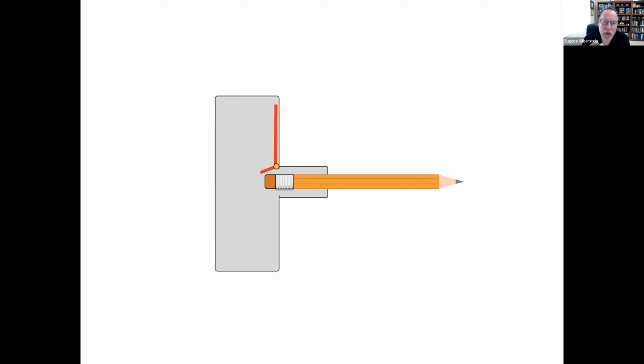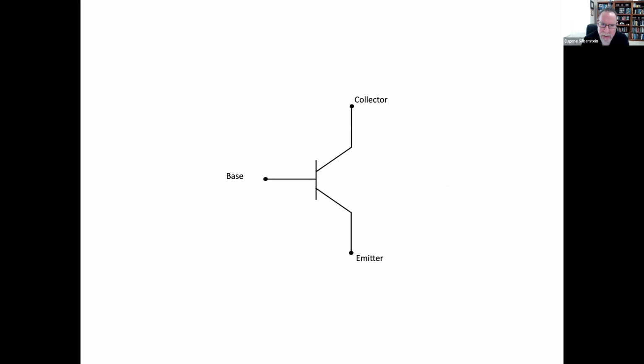Now I push that path open, and if I were to drop a ball through the top, it will pass through. Well, that's the same basic concept of a transistor. But instead of physical force pushing to pivot that channel open, we're using electricity.